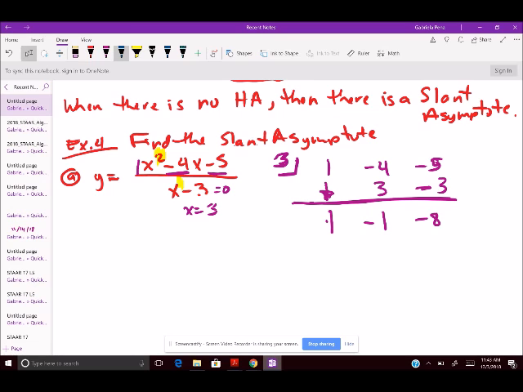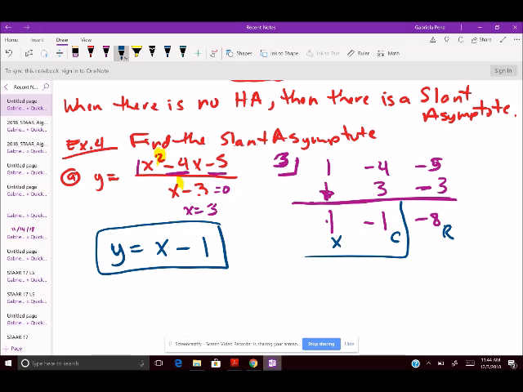Now, this we know is your remainder. This is your constant, and this is your x. My answer is going to be y equals, and you only care about that part, which is x minus 1. And I'm done. That's your answer.